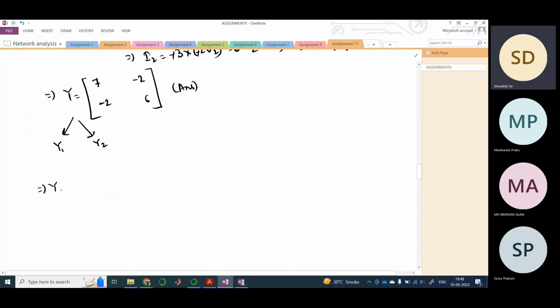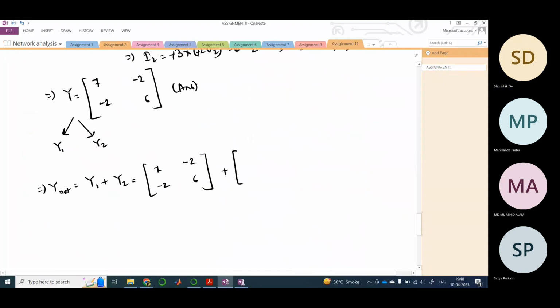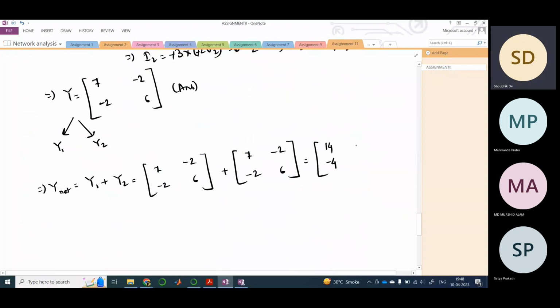So our net Y, Y equivalent or Y net, is nothing but Y1 plus Y2. So this plus this, so this is 14, minus 4, minus 4, and 12.